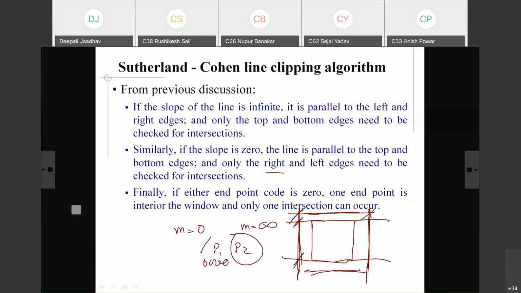And finally, if any one of the endpoints is 0, then that endpoint is interior to the window, and we need to calculate the intersection for the other point only. Using this logic, we are going to see how the algorithm works with an example.